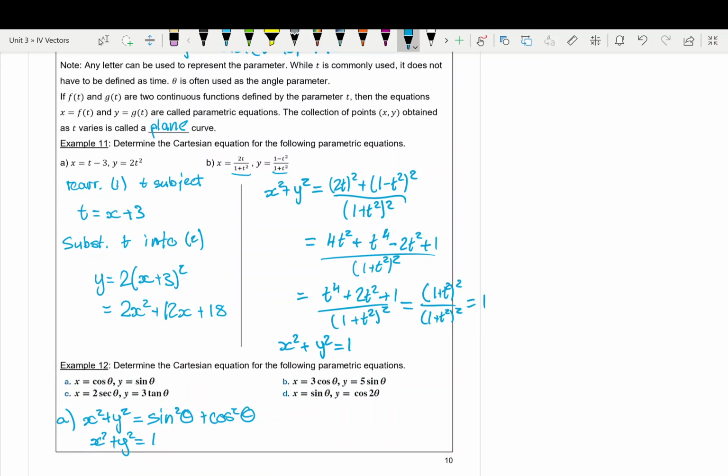For part B, similar idea, but a little bit of extra movement we have to consider. If we square this, we don't just get cosine squared, we actually get 9 cosine squared theta. So what we have to do is divide both sides by that 9. So we get that x squared over 9 equals cosine squared theta, and we get y squared equals 25 sine squared theta.